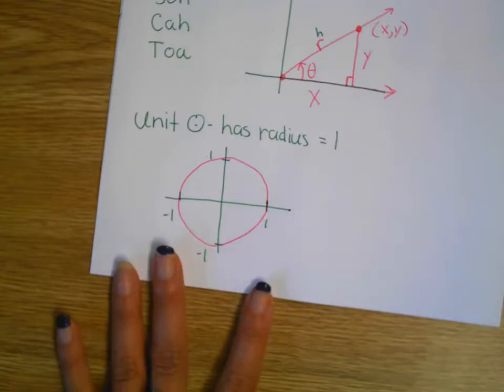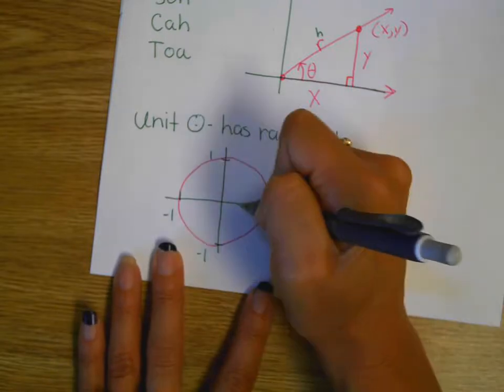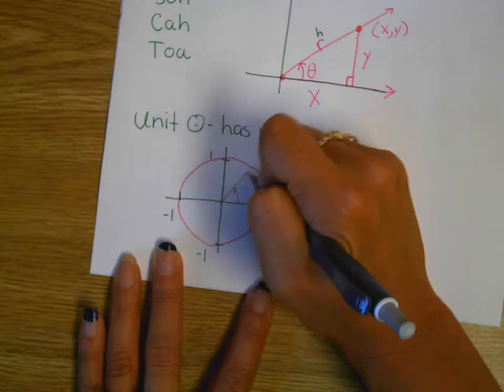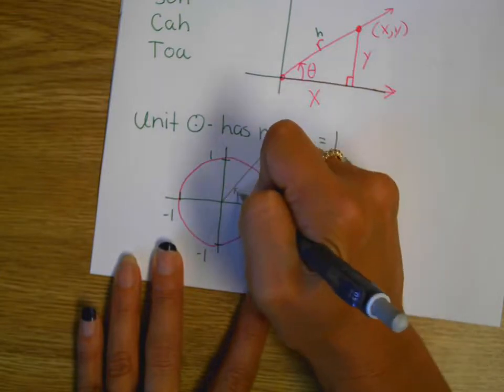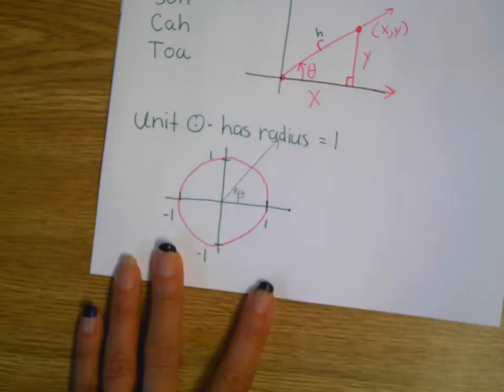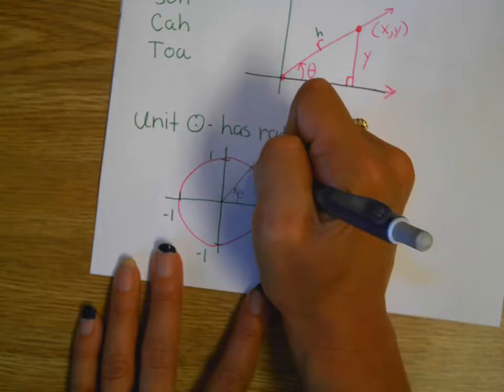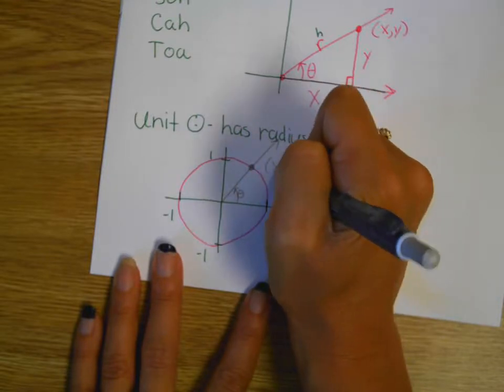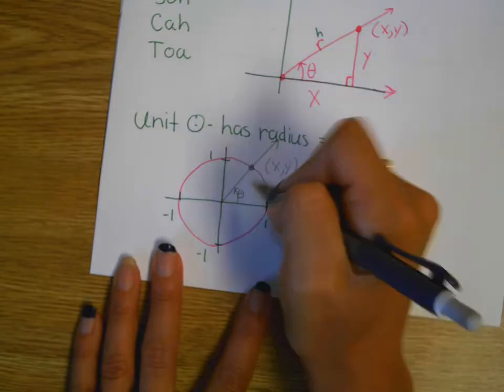Okay, we're going to have our angle given to us, angle theta. We're going to use the point that hits the unit circle. It will have an x and a y ordered pair.